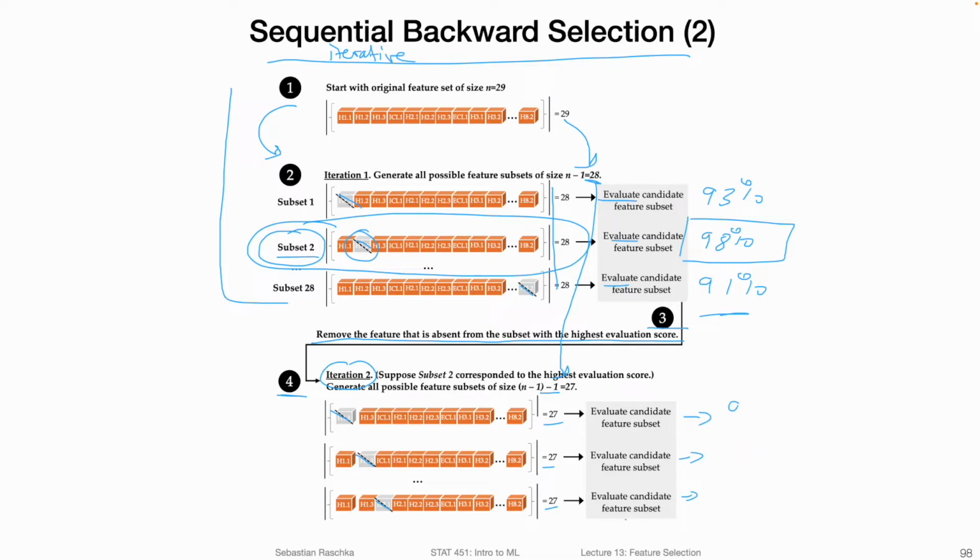So let's say we get maybe 94% accuracy, maybe 97% accuracy, and here maybe 99% accuracy. Then we would again select this feature subset, the last one here, and repeat this procedure until we have our desired feature size.